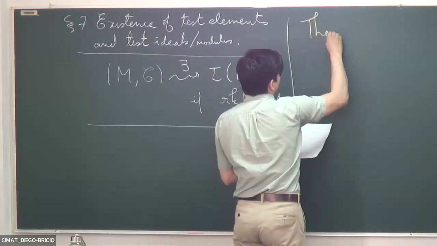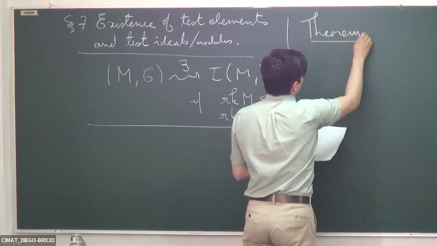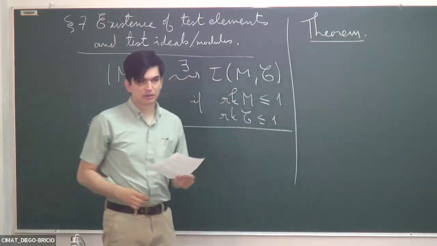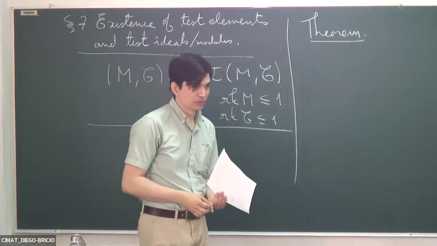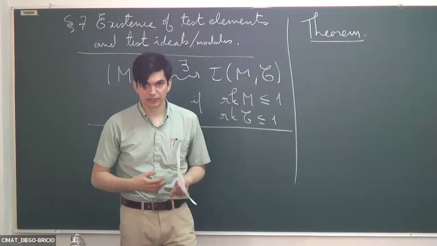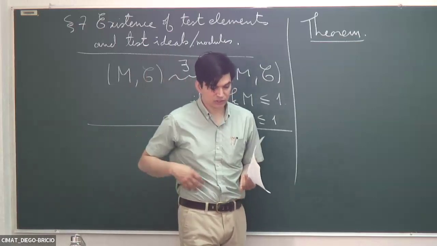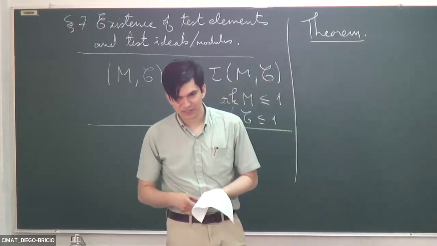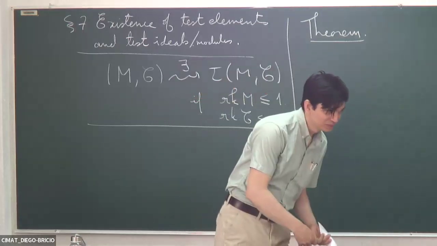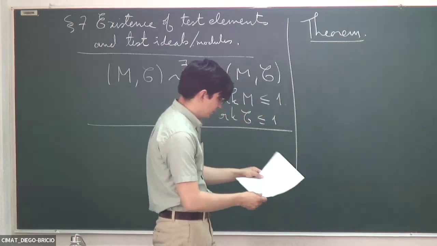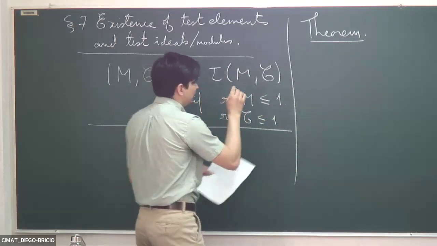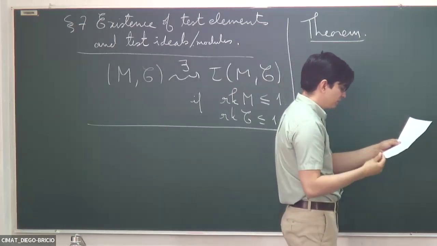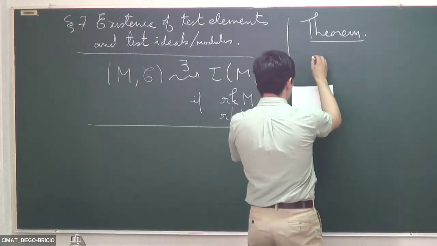So this theorem tells you a bit about the nature of what we have to prove. This theorem tells you that the existence of test modules is equivalent to the generic F regularity of F pure Cartier modules. Okay, so we're trying to prove this existence, so we need to understand what it means for this thing to exist. So the theorem is as follows.